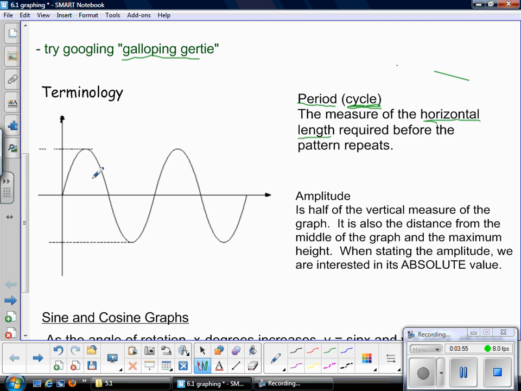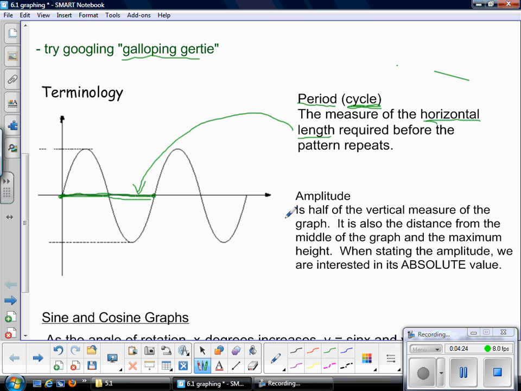If I start at this starting point, it repeats again at this location, so this length becomes the period. Obviously your axes would have numbers on them, and you could actually read how long the length is.